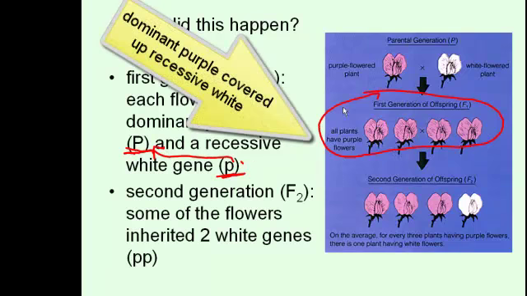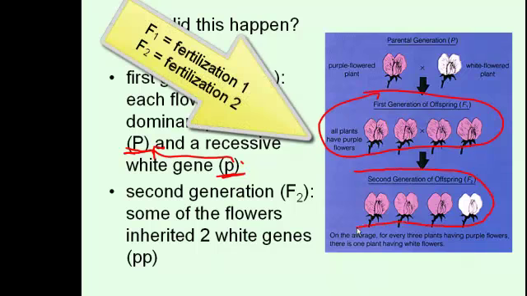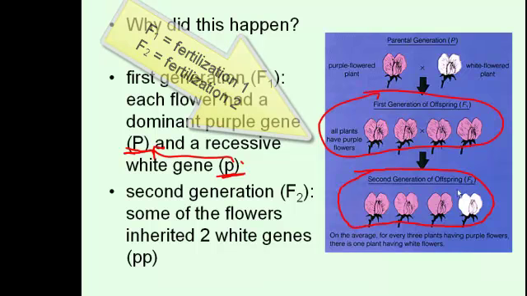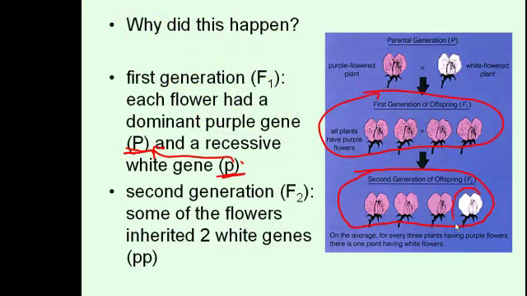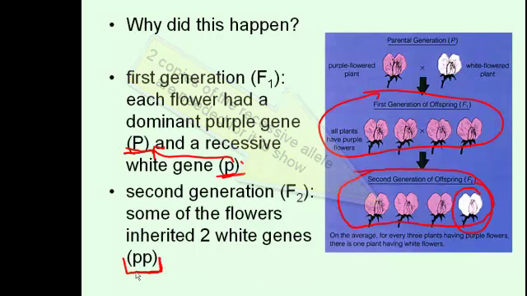But then in the second generation, which is called the F2 generation, which is this one right here, some of the flowers got a recessive white gene from each parent, and that's why the white reappeared. So those ones that were white had 2 lowercase p's, or 2 of the recessive white genes.